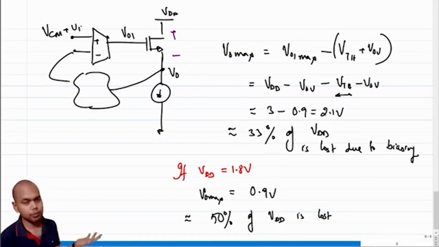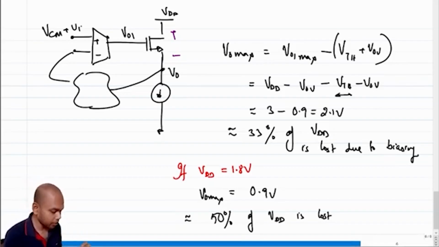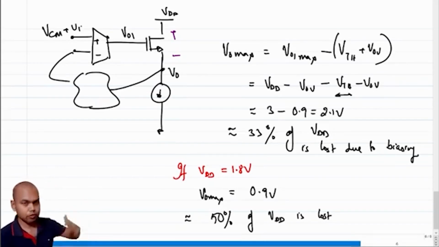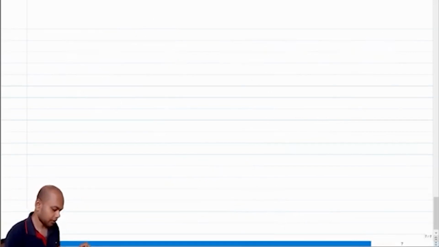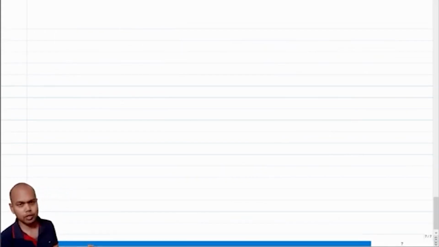In the second case 50% is lost, and you can see that this problem becomes increasingly more acute as the threshold voltage drops down, right? So that, coupled with another consideration, has led to exploration of different architectures, right?